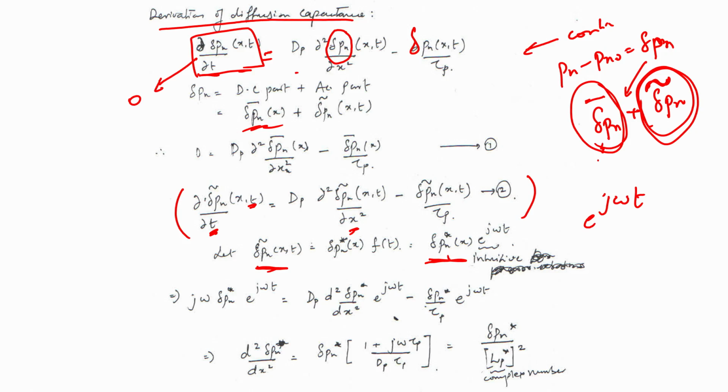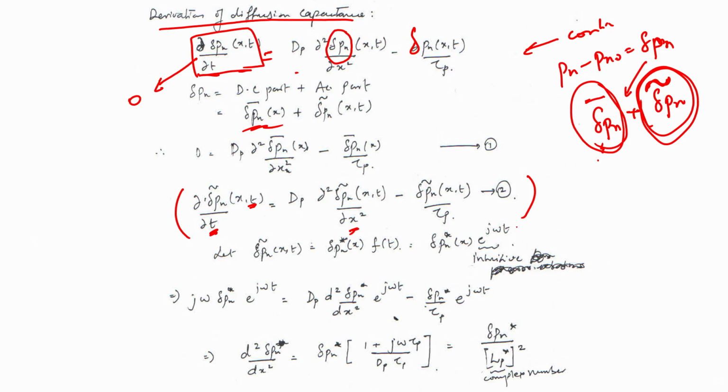Either way, you have this little variation of delta Pn in space and in time, and it's got this wave like behavior, and therefore very intuitively we will just say that this time dependence is simply e to the power j omega t. We are getting away without explaining a lot of things, but we are using strong intuition here, and we are actually fine with these approximations.